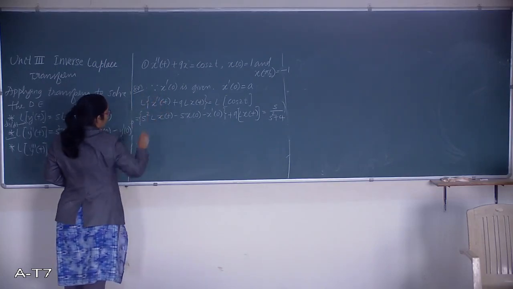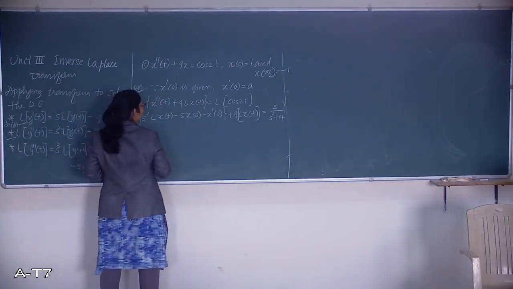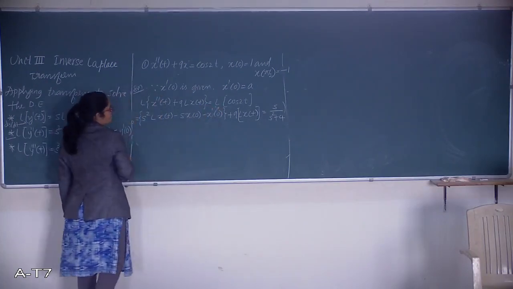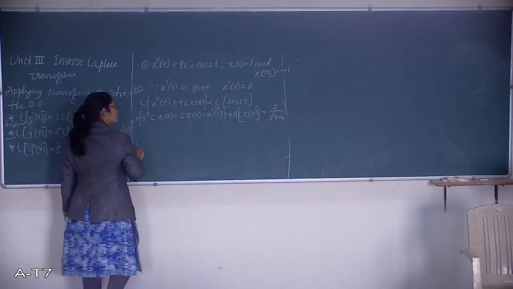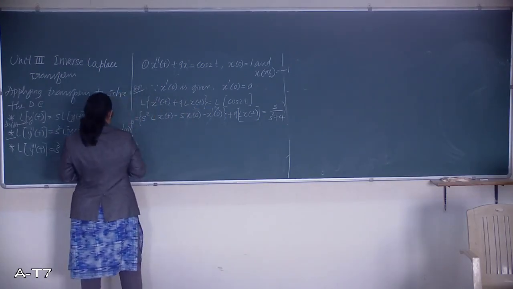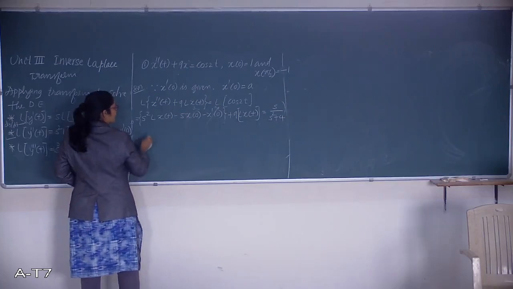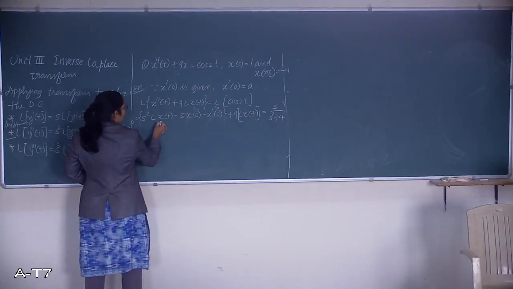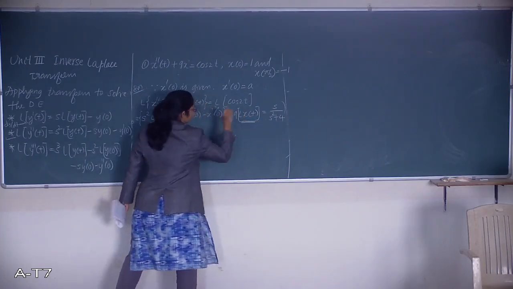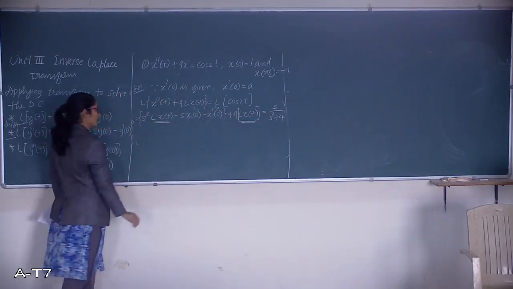Now two values are there: x dash of 0 is a, we have taken, so this is a, and x of 0 is 1. So make use of that, so that from these two I can take L of x of t common.